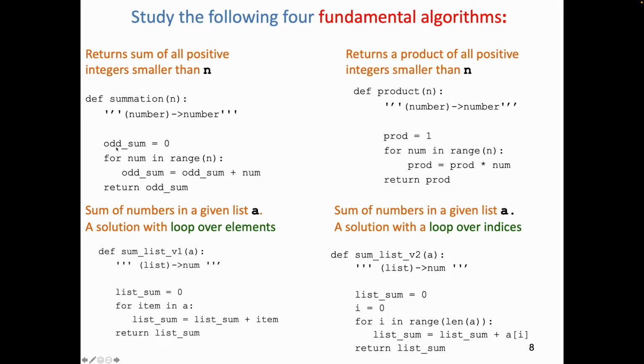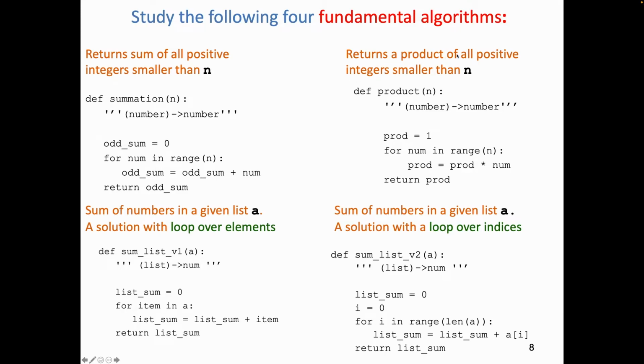First we create a variable named outsum and we assign 0 to it. After that we write a for loop in range n. Then we add num. We add all the positive integers from 0 to n-1 to the outsum. Then finally we return the outsum.